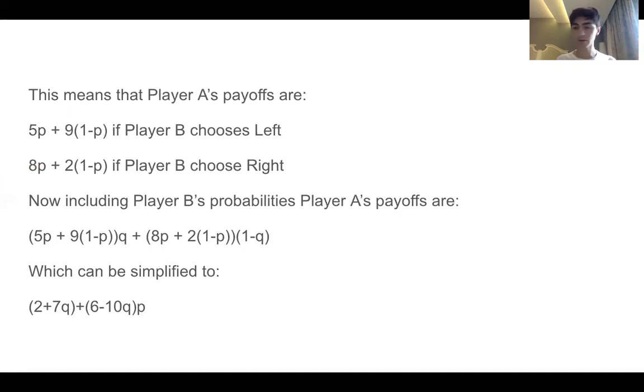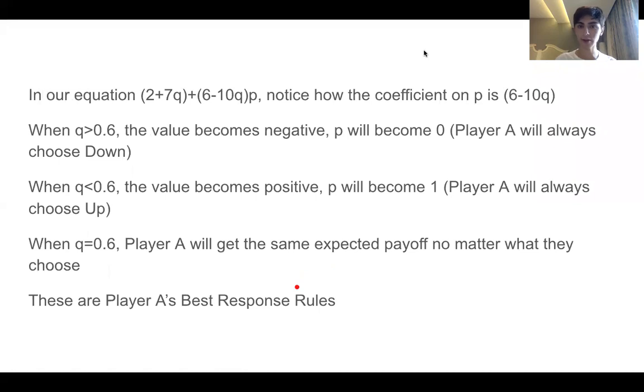So given that, what do you think? Actually, I'm not going to ask that. That's kind of a bad question. Okay, so let's go back to our expression. So we have 2 plus 7Q plus 6 minus 10Q times P. And notice how the coefficient on P is 6 minus 10Q.